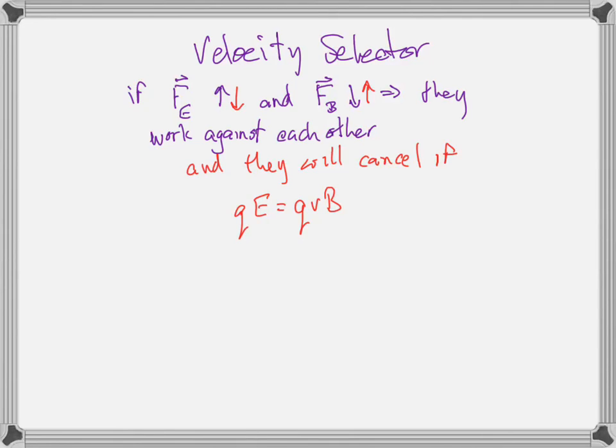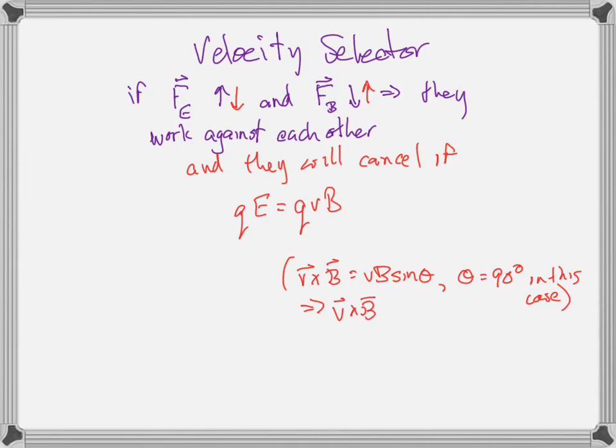V cross B is VB sine theta. But in this case, theta is 90 degrees because V is always perpendicular to B, look at the geometry of the setup. Therefore the magnitude of V cross B is VB.